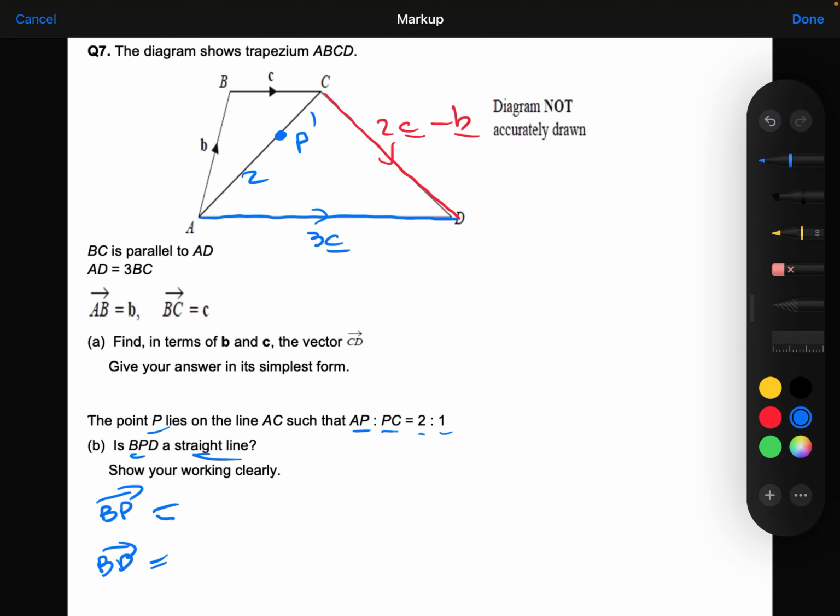So B to P. To work that out, I'm going to go from B to A plus A to P. Now the B to A, that's easy, that's just going to be minus b.